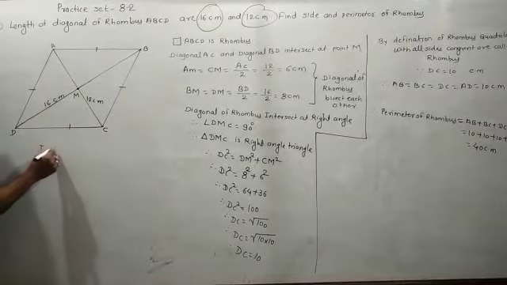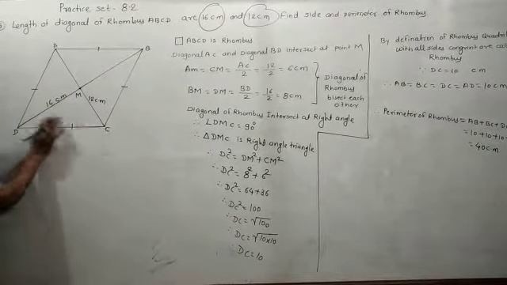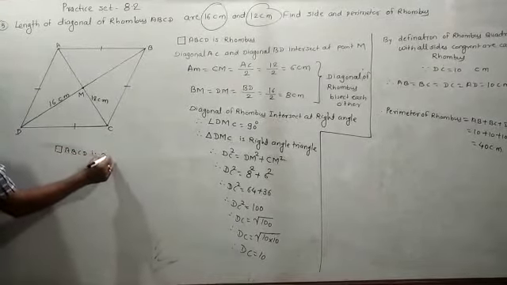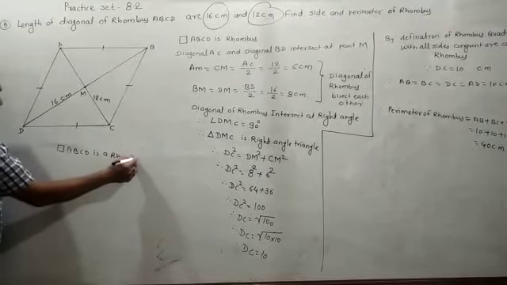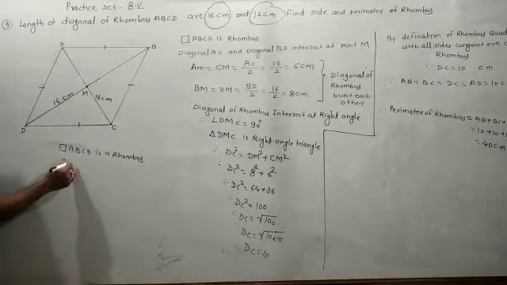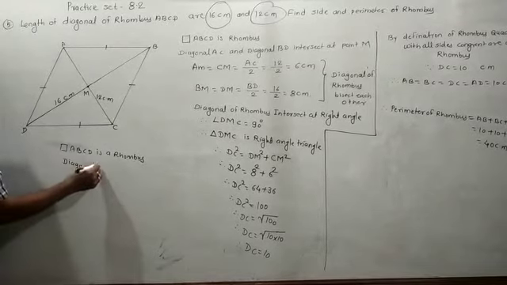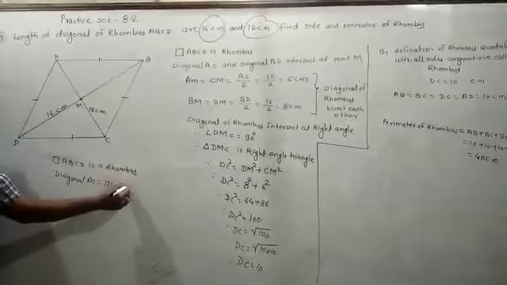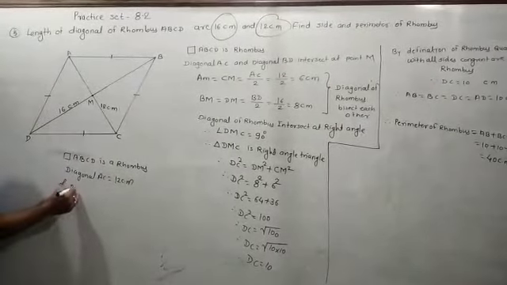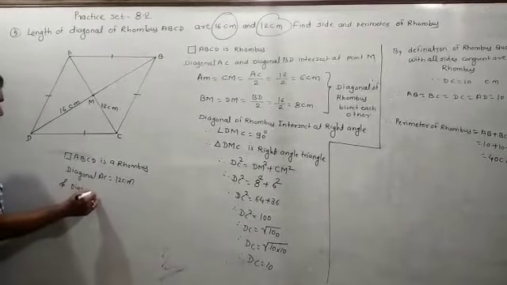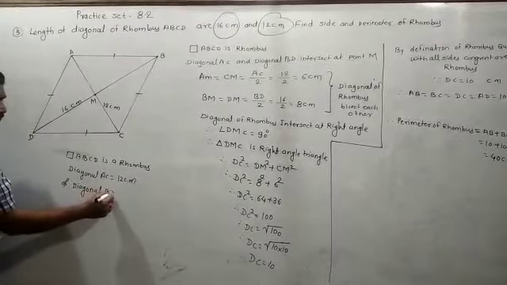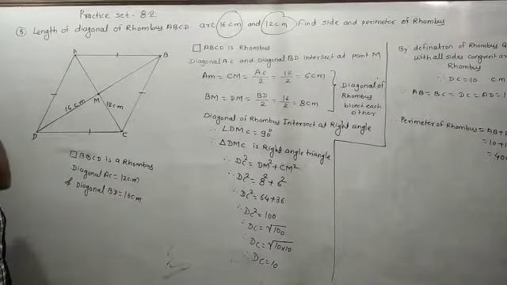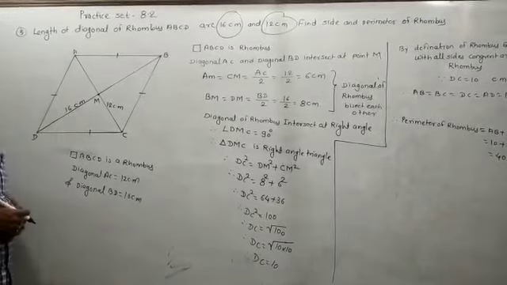In quadrilateral ABCD, which is a rhombus, diagonal AC is equal to 12 centimeter and diagonal BD is equal to 16 centimeter. If only diagonals are given, you have to find out the side of the rhombus.